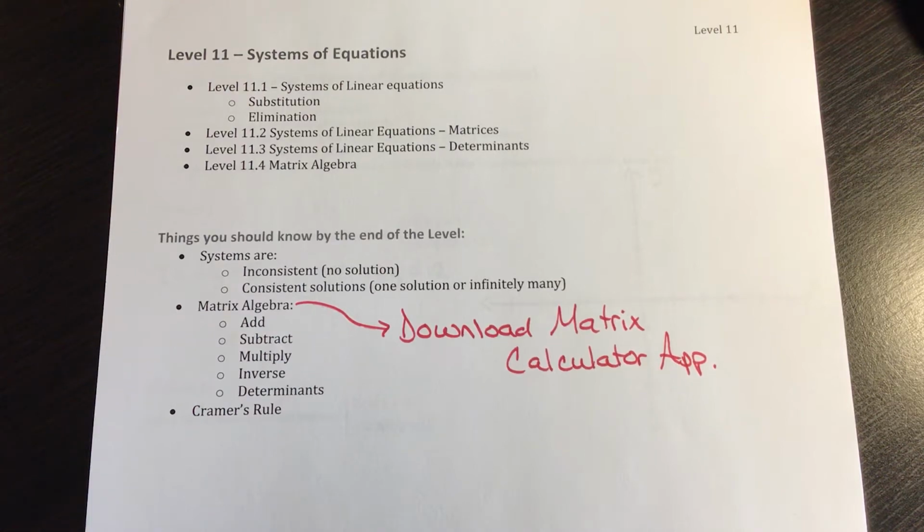Right, so starting on Unit 10. In Unit 10 we're going to start off with solving systems of equations, and this is something that we did back in Algebra 1, Algebra 2, you probably did it in college algebra as well.